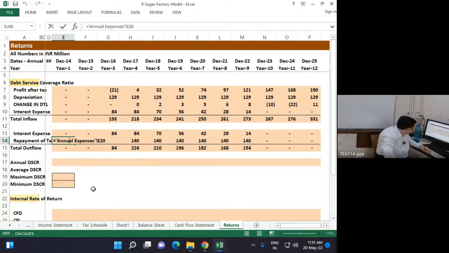Okay, got it. Now, for annual DSCR, the formula would be inflow upon outflow.